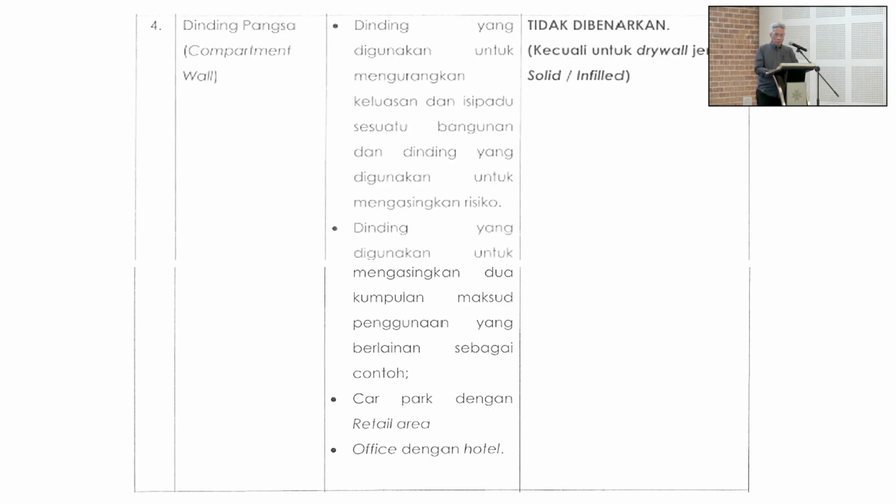Now, compartment walls, is it tidak dibenarkan kecuali untuk drywall jenis solid dan infill. Right, so the intention at that time, of course, when you talk about protecting structures, it is really the backbone of high-rise fire safety for Bomba. So they do not want any situation where the construction of the wall is anything less than masonry or less than concrete.